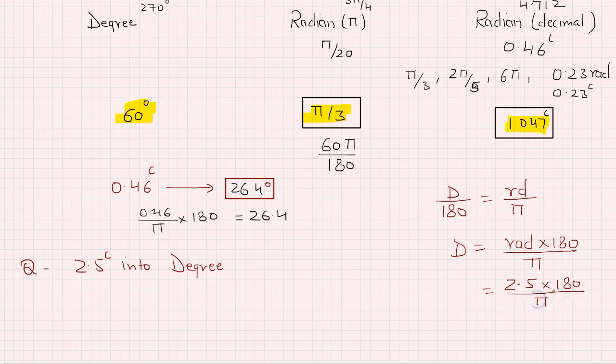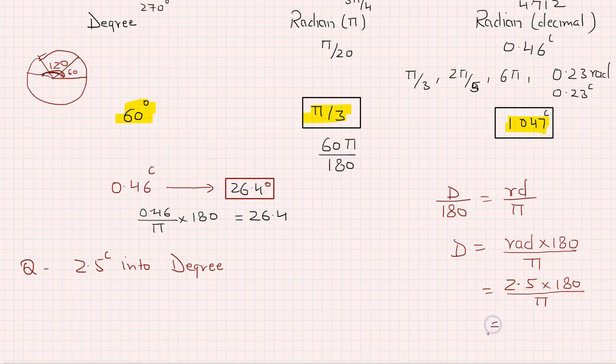Now if you know the circle, just to give you an idea, 1 radian is roughly 57, 2 radian is around 114, and 0.5 is another 28 degree or so. So let us see what it is equal to.